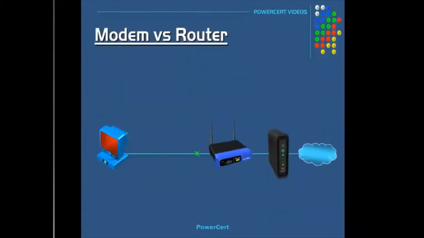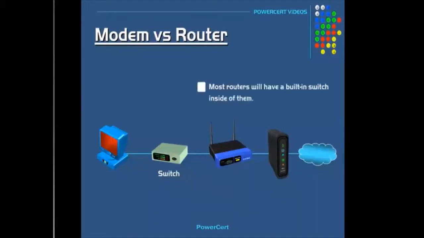Now, if you're wondering how hubs and switches relate to routers and modems, especially if you saw my other video where I explained the differences between hubs, switches, and routers, keep in mind that most routers will have a built-in switch inside. So there's no need to have a switch if you already have a router that has a switch built into it.